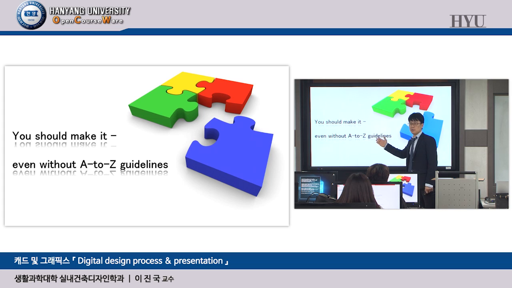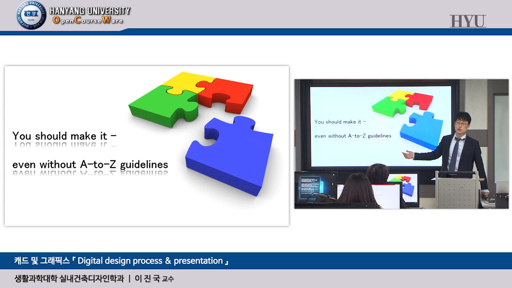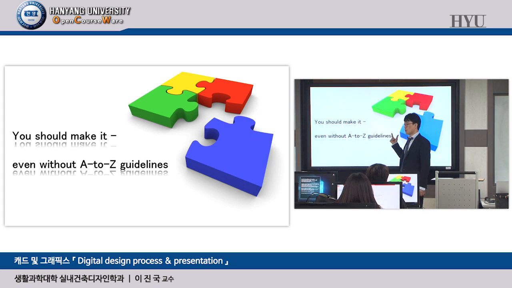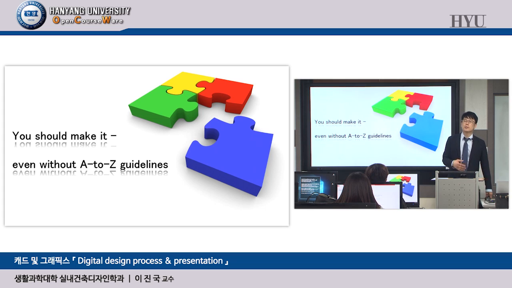Missing parts, for example, B, C, D, I, J, K, L, all those things are supposed to be found by you, based upon your struggle, Googling, training by yourself, okay?